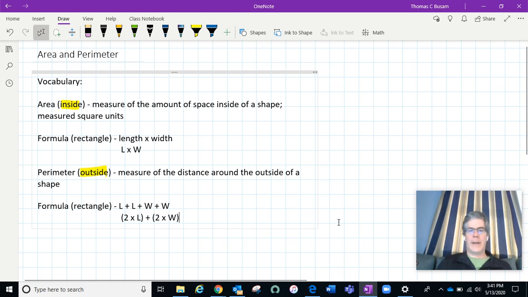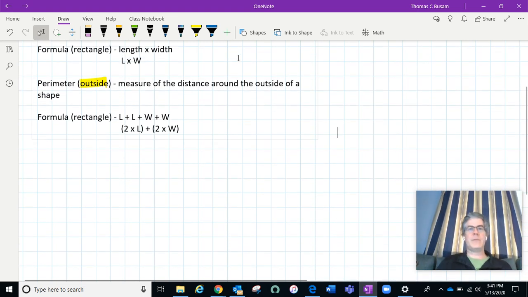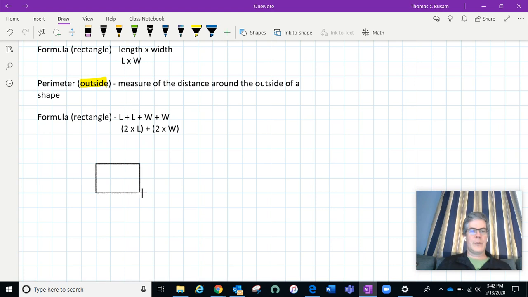So let's take a look at a simple example. I will make a rectangle. Let's just make it 2 units by 3 units. And again, we're just talking in terms of units. They could be inches, feet, centimeters, miles.